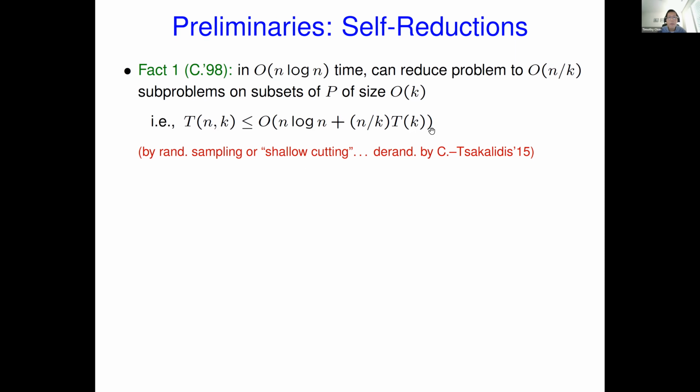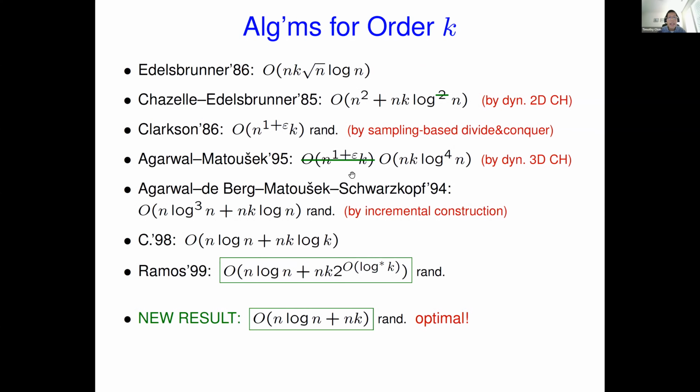Because if you can get an algorithm with good runtime in terms of n, T of n, then you can just plug in T of k into this formula, and you automatically get good bounds as a function of both n and k. So for example, if you look back at all the previous algorithms, you'll see that in terms of n alone, Chazelle and Edelsbrunner's algorithm is actually not too bad, because that's n squared log n.